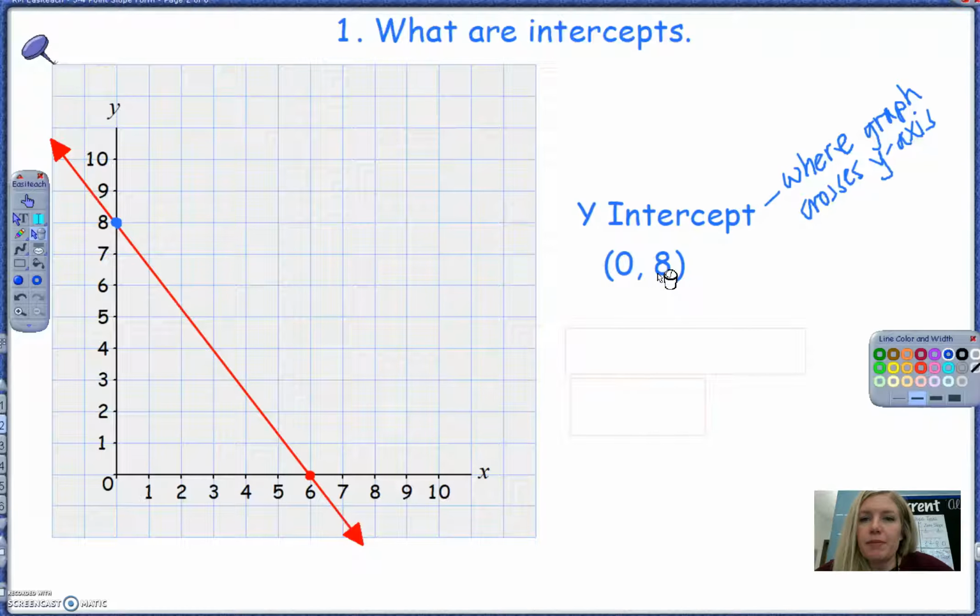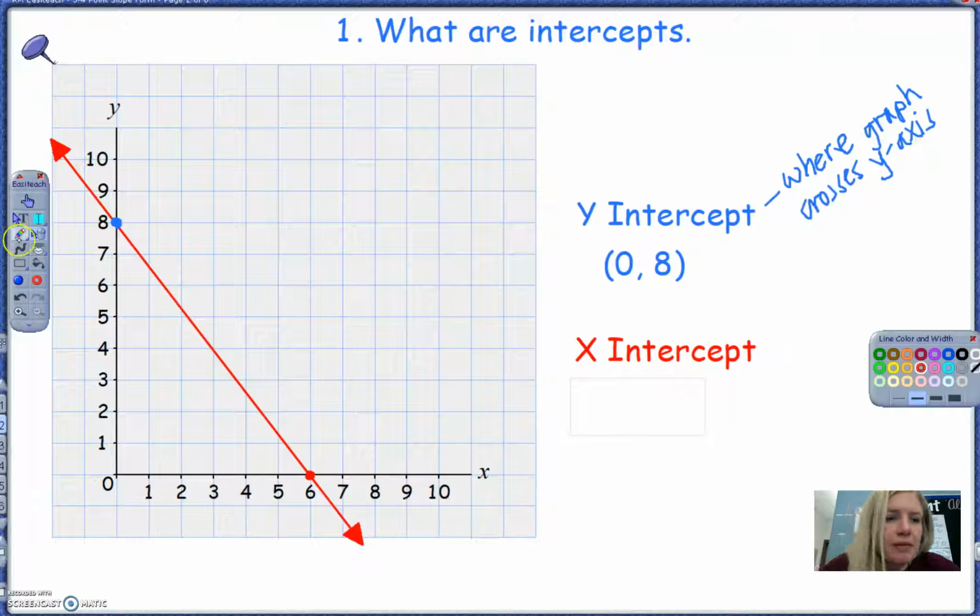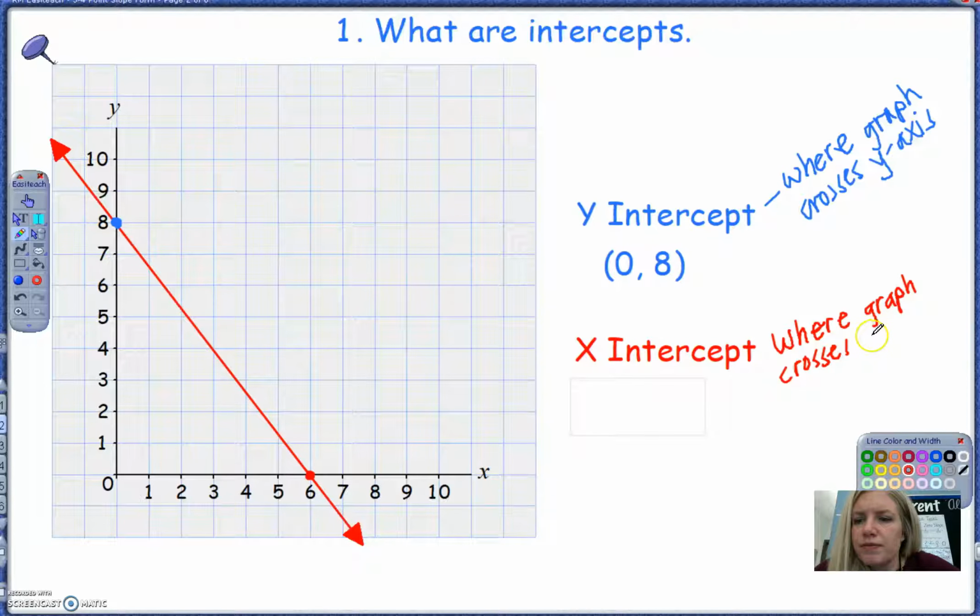Okay, the other name is your x-intercept, and your x-intercept is where your graph crosses the x-axis.